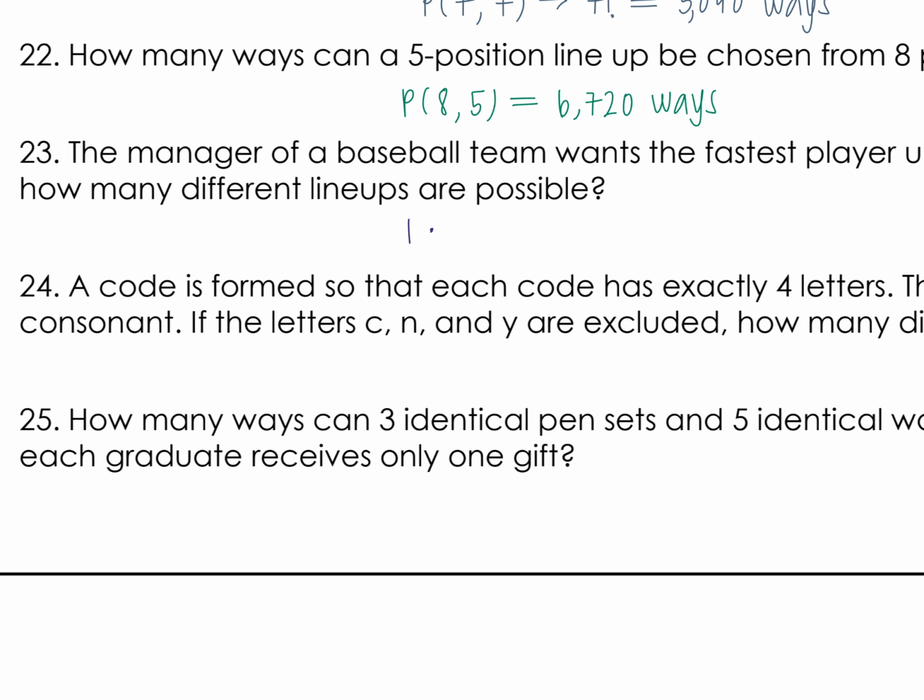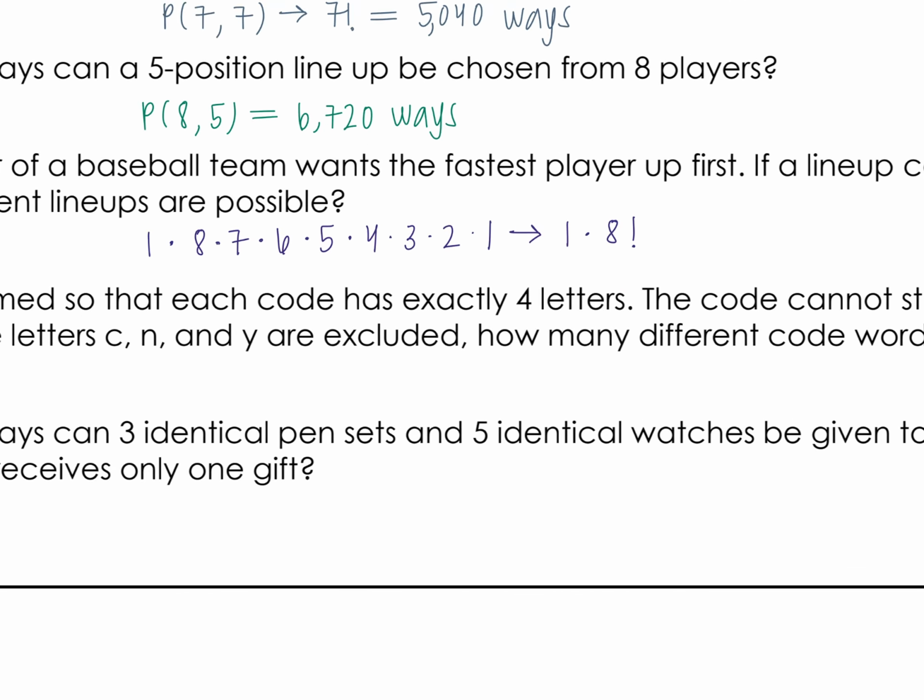Then when I pick my next few people, I'm going to start off with 8 times 7 times 6, 5, 4, 3, 2, and then 1, which is just resulting in 1 times my 8 factorial, or 8 factorial. And that's going to give us 40,320.